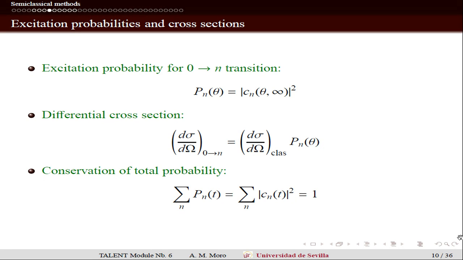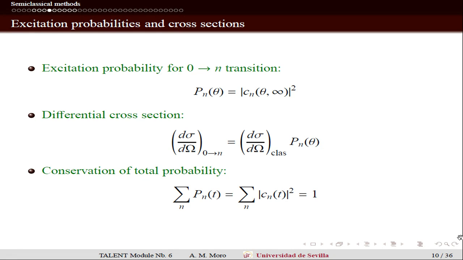So this is the excitation probability, and the cross-section will be obtained as this excitation probability multiplied by the classical cross-section. So this part gives me the probability of classically following a specific trajectory, and this gives me the probability, in this classical trajectory, of exciting some specific level.